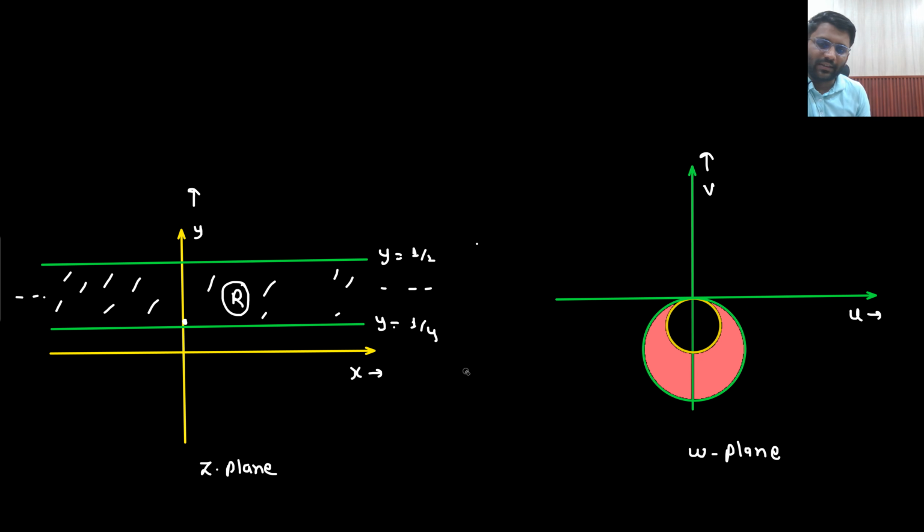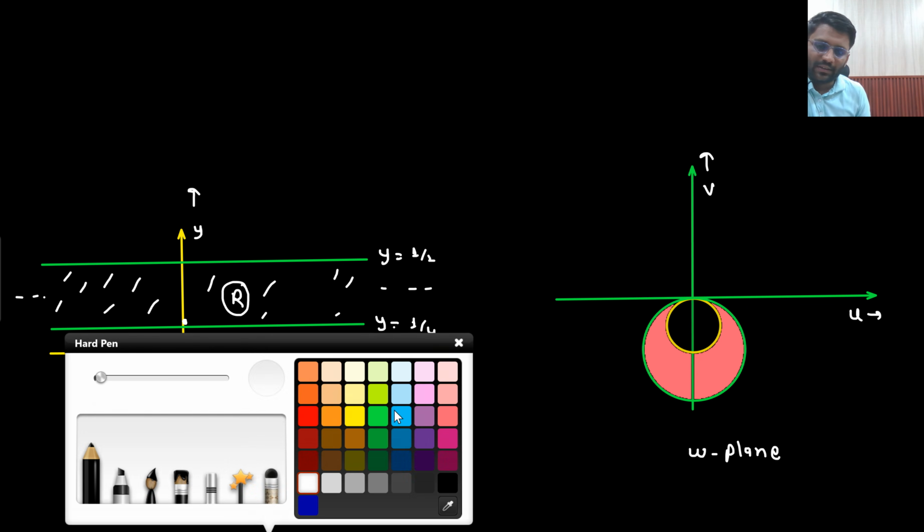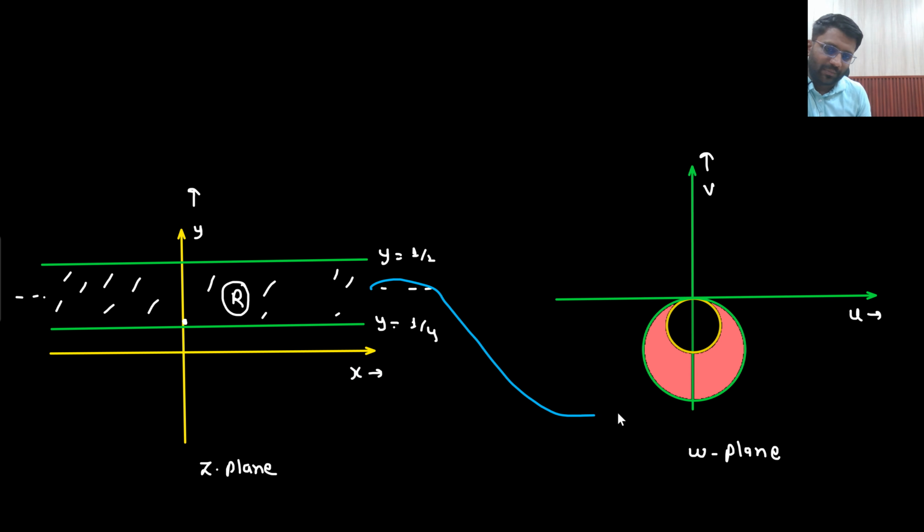So this particular region has been plotted into this region under the influence of f of z equals to omega equals to 1 by z.